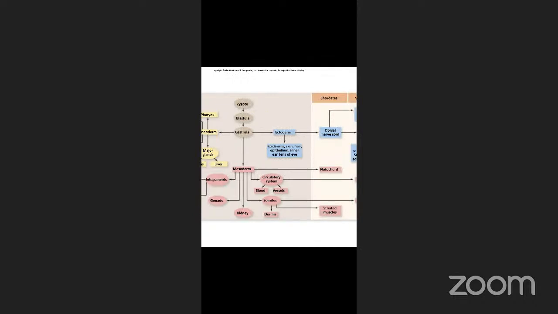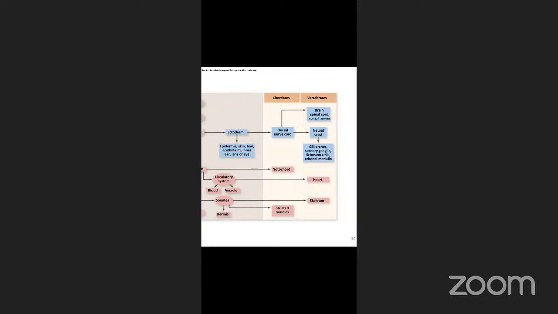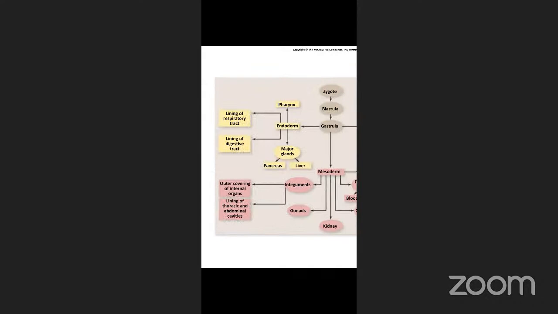And in caudates, this mesoderm forms notochord, and the somites form dermis, and also in caudates it will form striated muscles. Whereas in vertebrates, they form heart and skeleton. Then endoderm forms pharynx and major glands like pancreas, liver, and the inner lining of respiratory tract and digestive tract. So this is how organogenesis takes place after gastrulation.